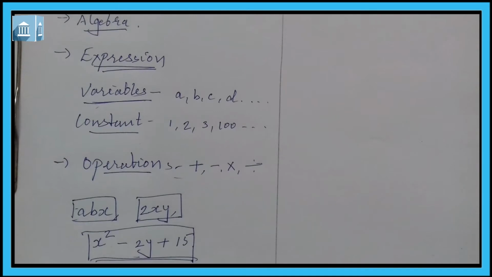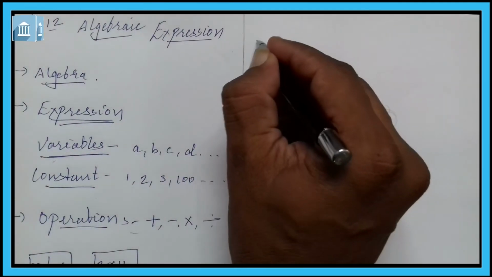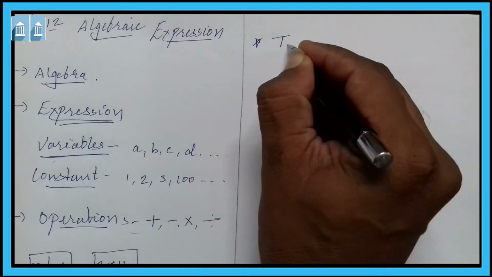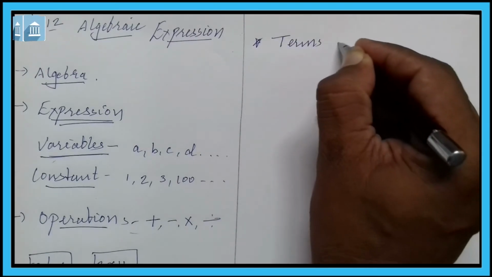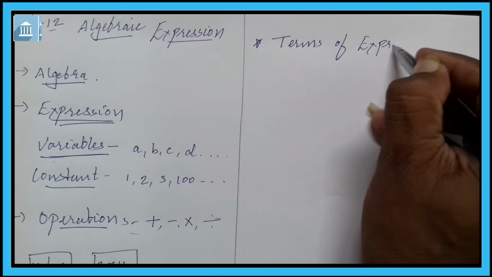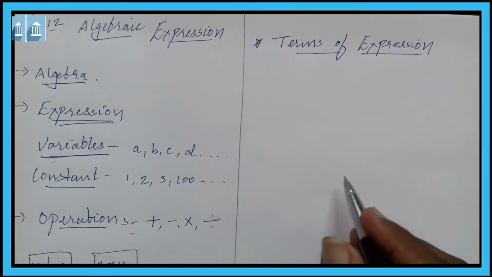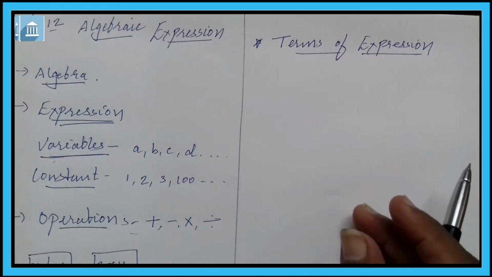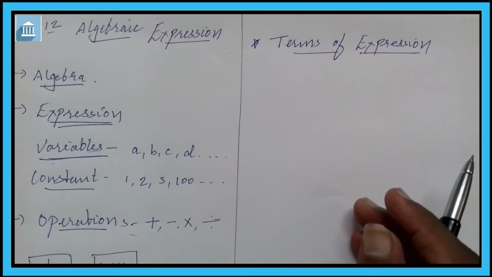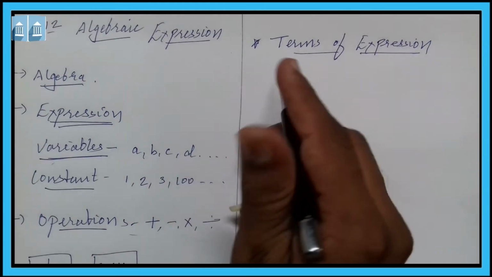Now let us begin with the terms of an expression. About expression we had learned that it is the combination of constants, variables and operations of mathematics. Now let us see what the terms of an expression are.